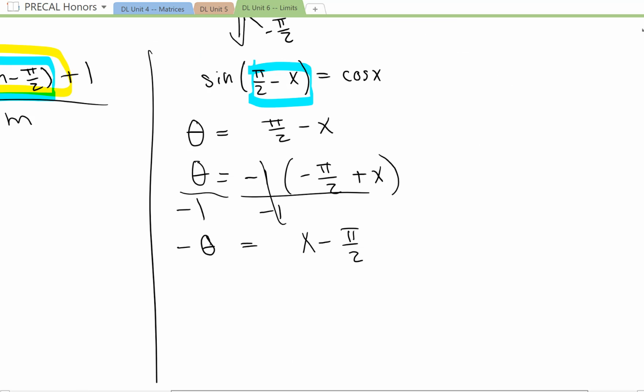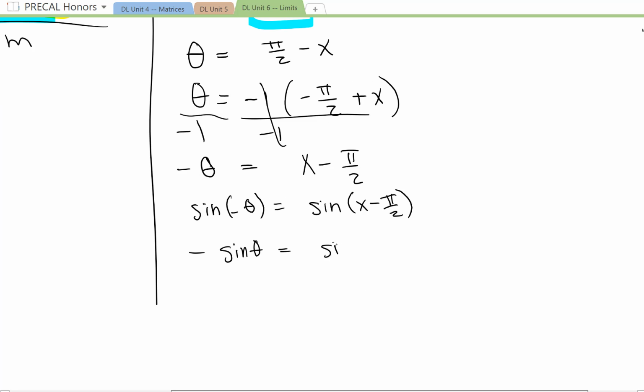We're going to actually take the sine of both sides, since that's what we were originally trying to find, sine of a quantity. Sine of negative theta is actually just negative sine theta. Right, that's an odd identity. Negative sine theta is equal to sine of x minus pi halves.